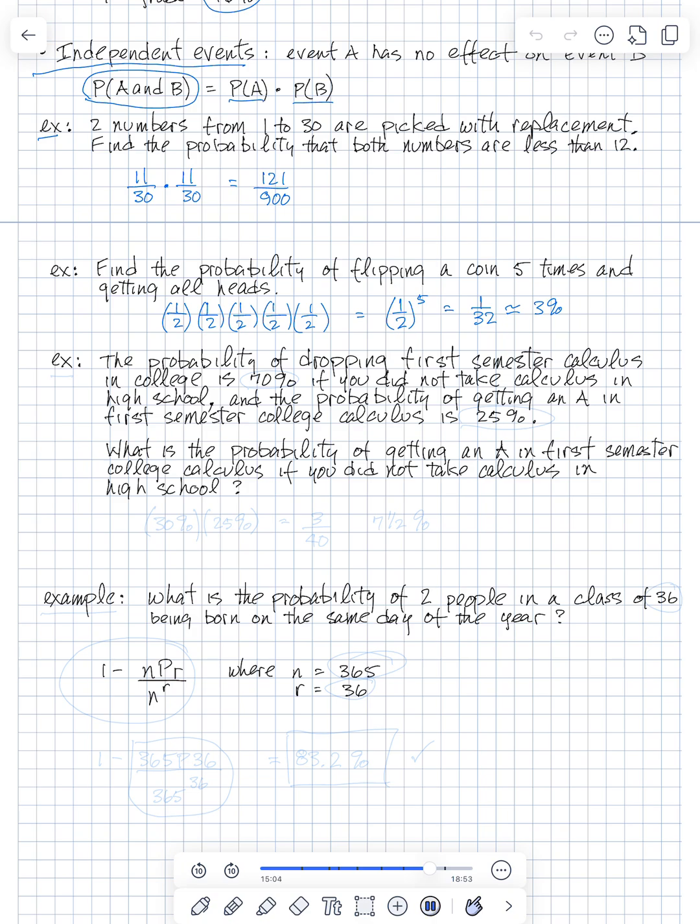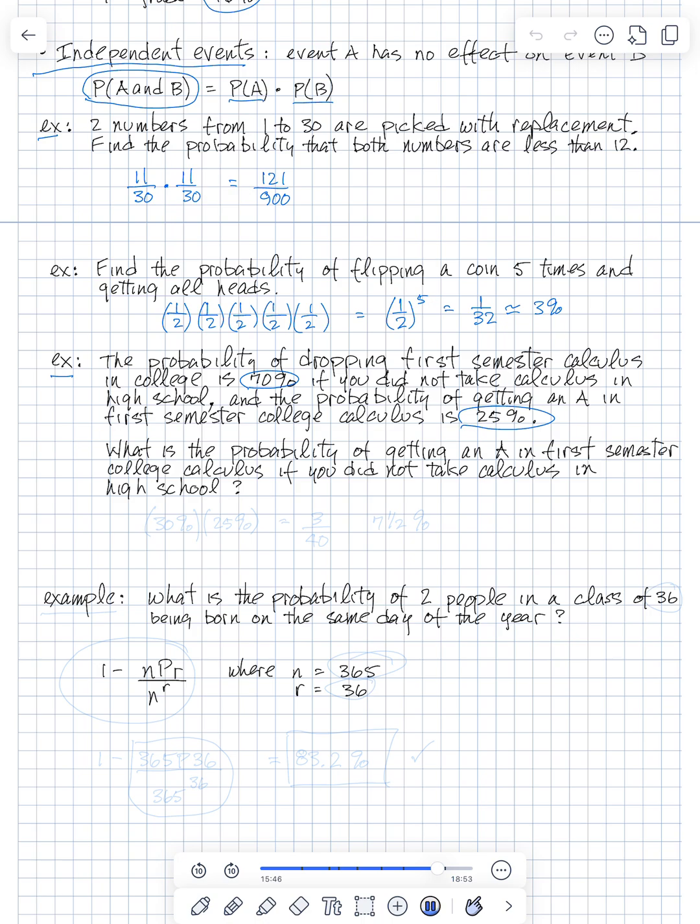Okay, the next one. It's given that the probability of dropping first semester calculus in college is 70% if you didn't take calculus in high school. And the probability of getting an A in first semester college calculus is 25%. So what's the probability of getting an A in the first semester of college calculus if you didn't take calculus in high school? So the probability of dropping is 70%.